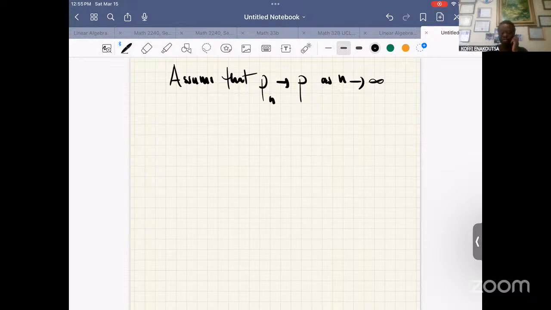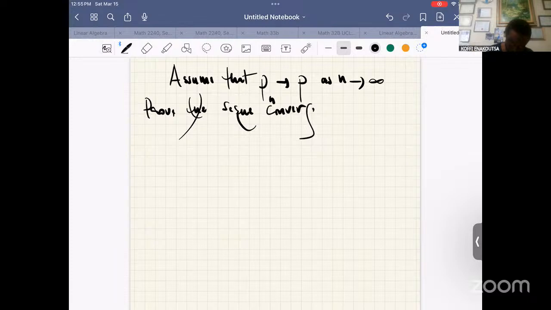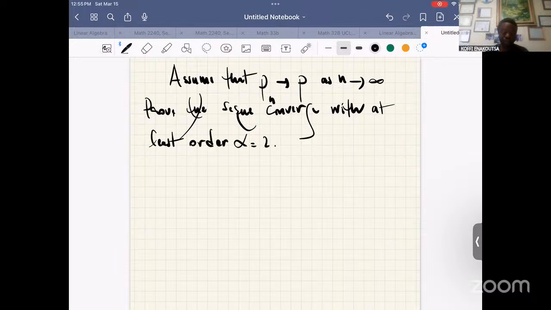So prove that the sequence converge with at least order alpha that equal to, okay.